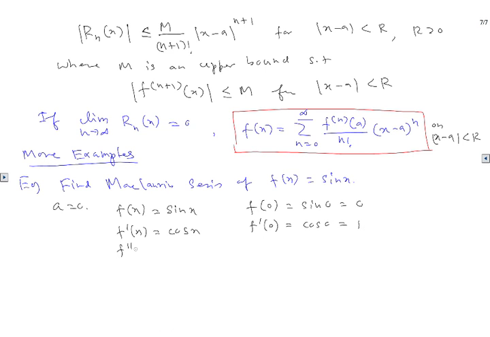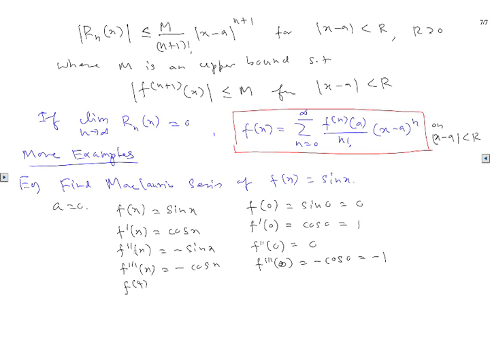The second derivative is negative sin x evaluated at 0, which is 0. Then take the third derivative: negative cos x, evaluated at 0, is negative cos 0, which is negative 1. And then the fourth derivative, so we use 4 here.